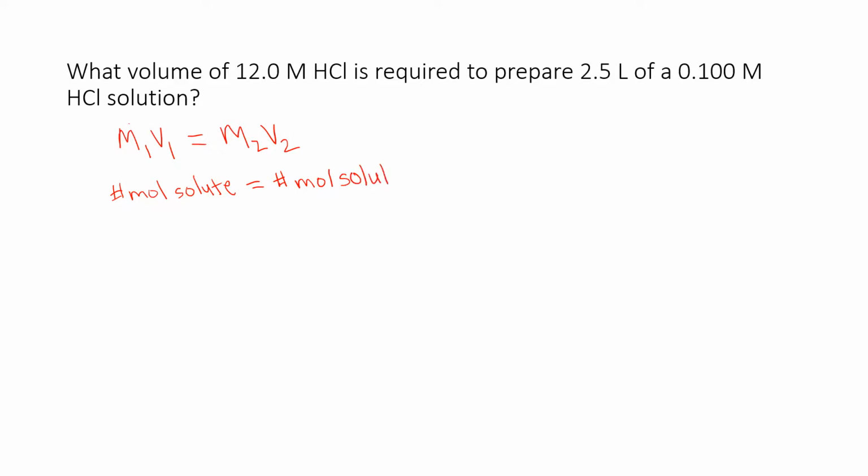Because after all, we are just diluting that number of moles of solute. So the number of moles of solute isn't changing. It's the volume that's changing between one solution to another solution that's being diluted.